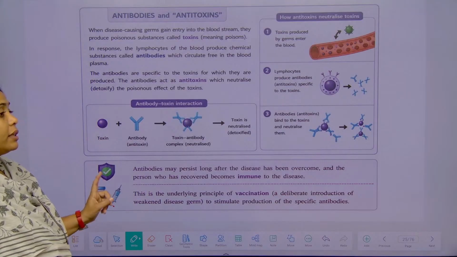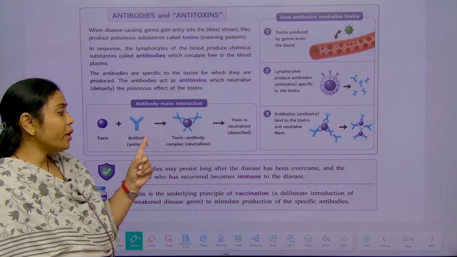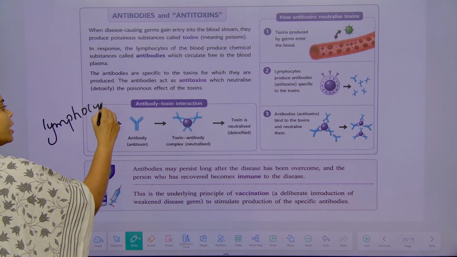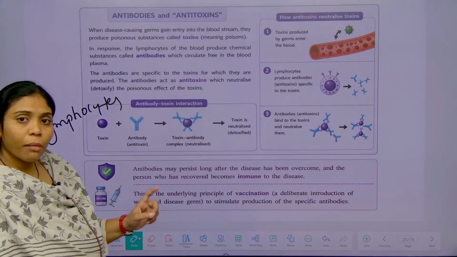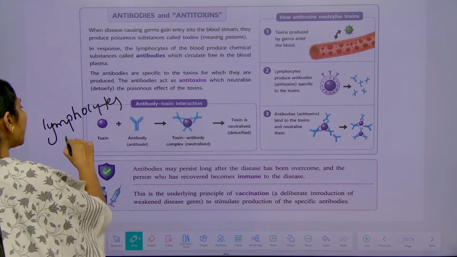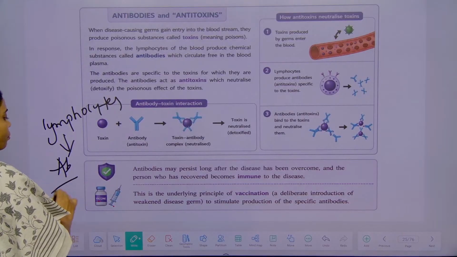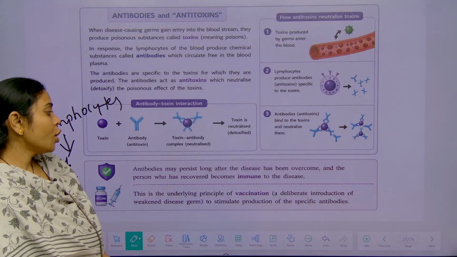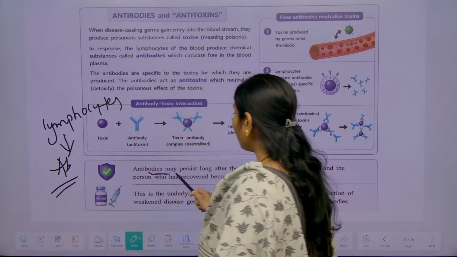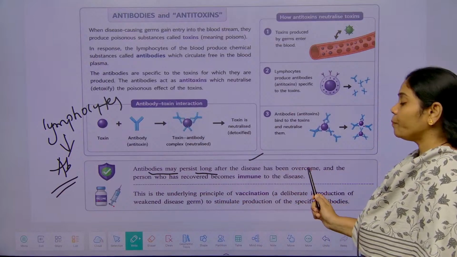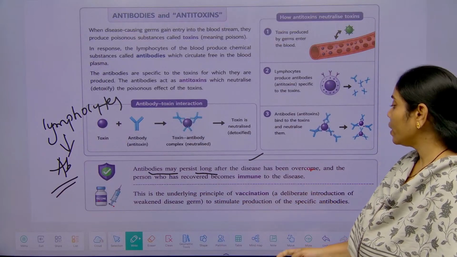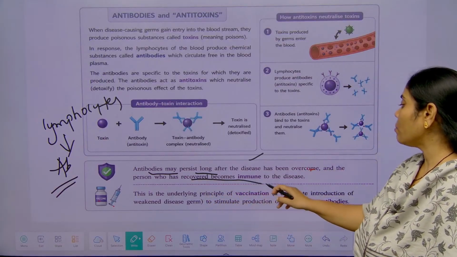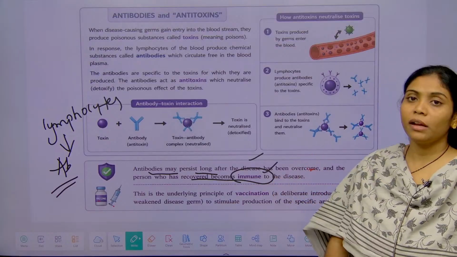When they enter, the lymphocytes present in our body respond, and against that microorganism or virus they start producing antibodies. So antibodies will be produced, and they can stay for a longer time, the disease can be reduced, and the human becomes immune against the disease.